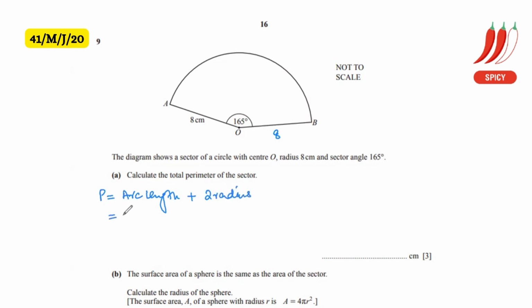Arc length has the formula of your angle, which is 165 divided by 360 times 2 pi r, r being 8, plus 2 times 8 because r is once again 8. So now you plug this in the calculator and what you should get is 39 centimeters.